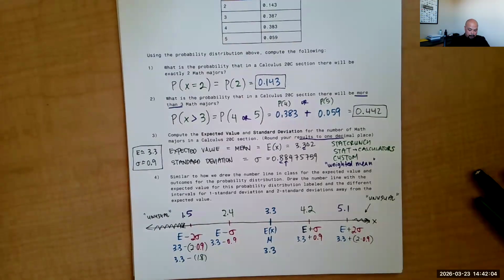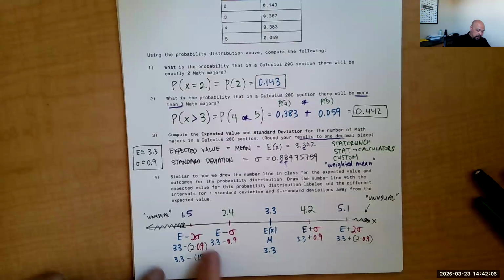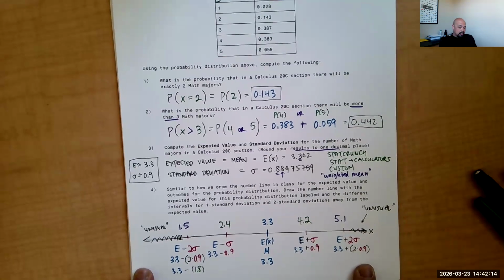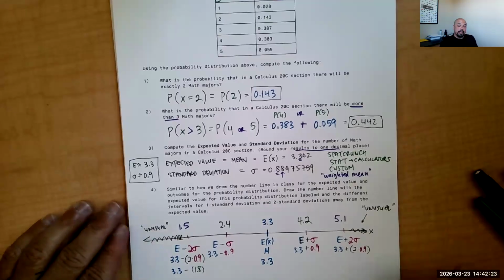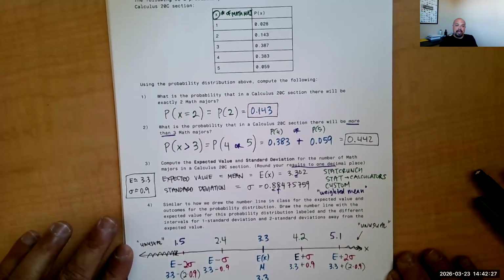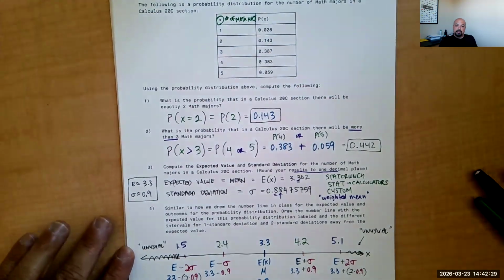Anything with a z-score bigger than 2 or smaller than -2, beyond 2 standard deviations from the mean, will be considered unusual. So it's unusual to get a result more than 2 standard deviations from that expected value. That's how we do that classification, similar to what we did in chapter 3 with the mean and standard deviations, now applying that to our discrete probability distribution.